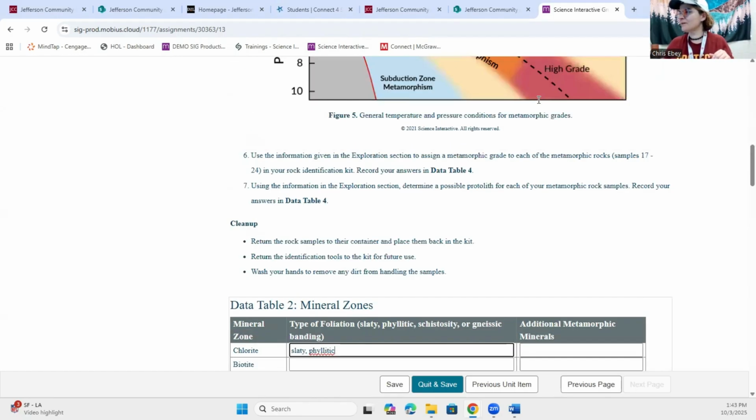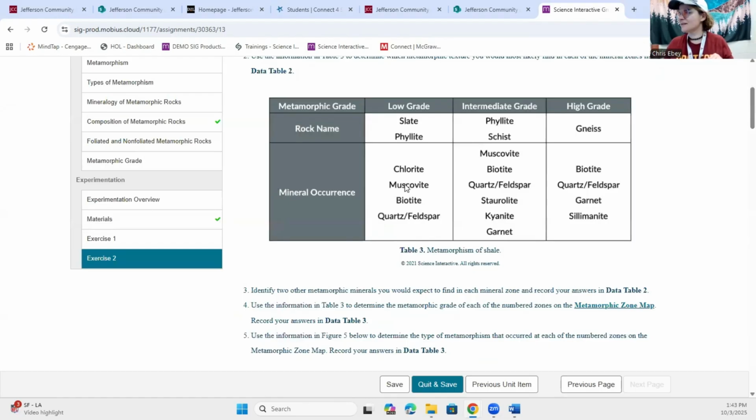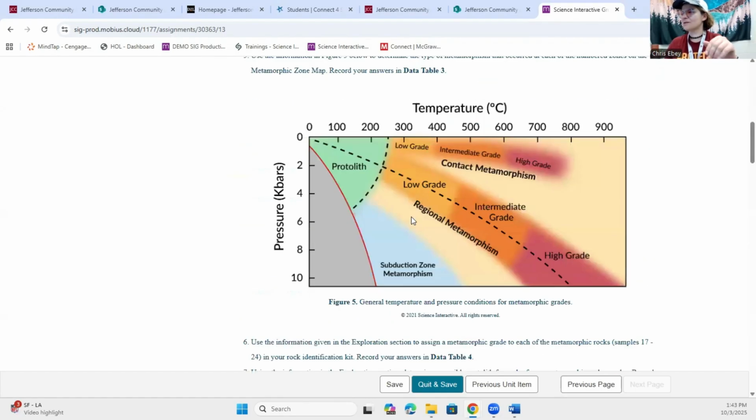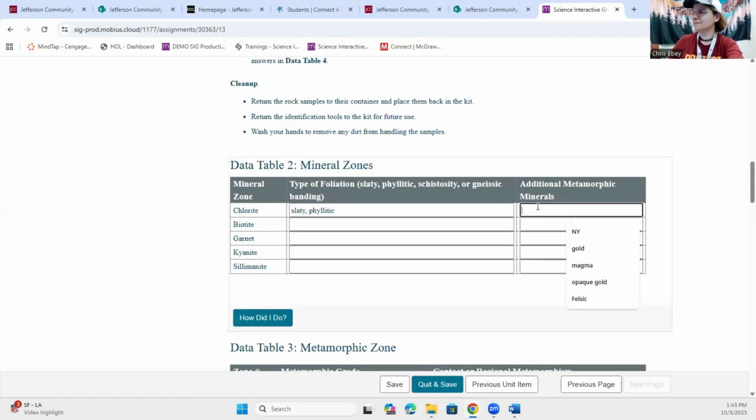Additional metamorphic minerals, that's just the rest of this list. So that's muscovite, biotite, quartz, feldspar. I can spell feldspar. Who says that I can't?